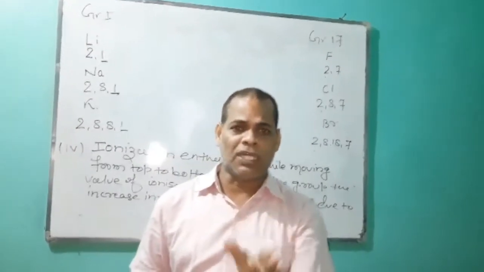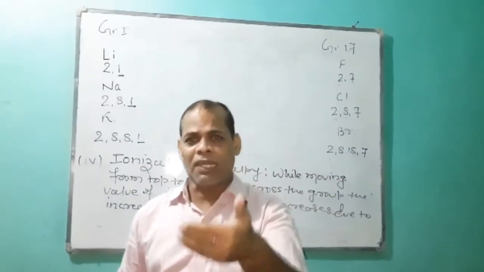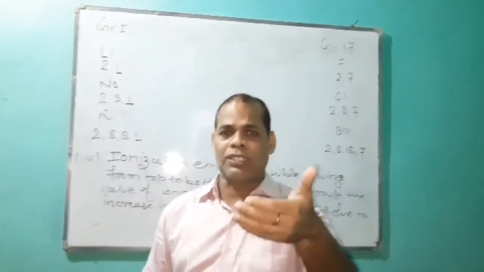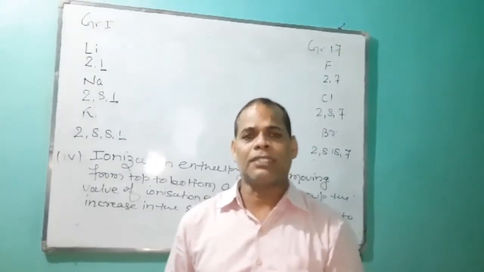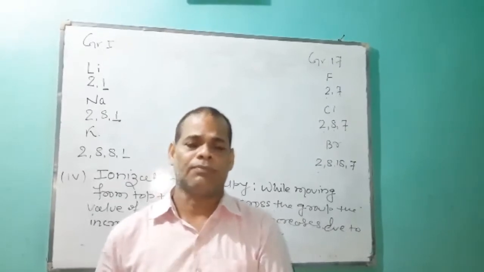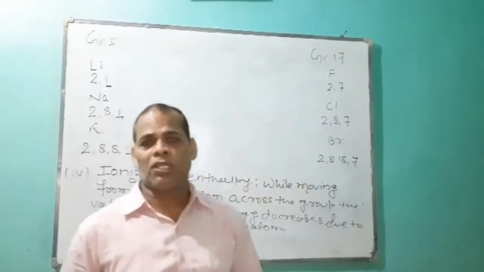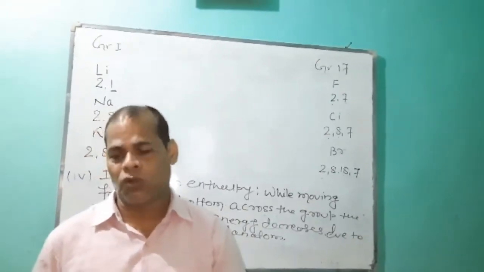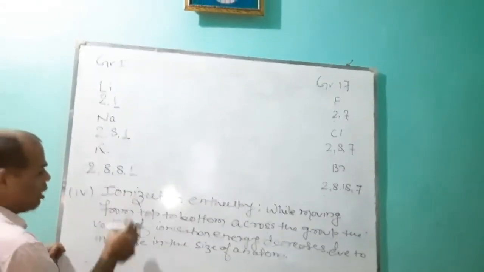The energy liberated by the nucleus when an extra electron is added to the outermost shell is called electron gain enthalpy. Now we will talk about group 17, because group 17 has a tendency to gain electrons.